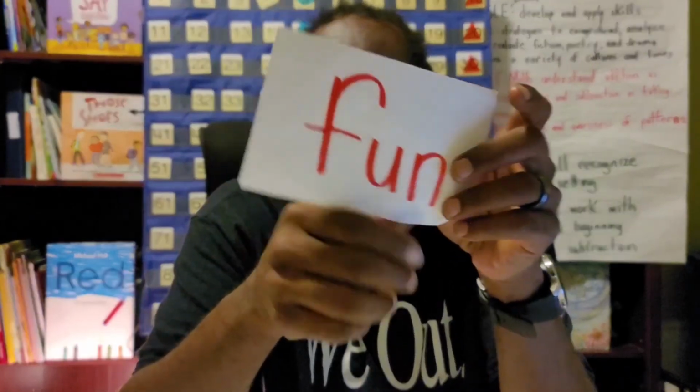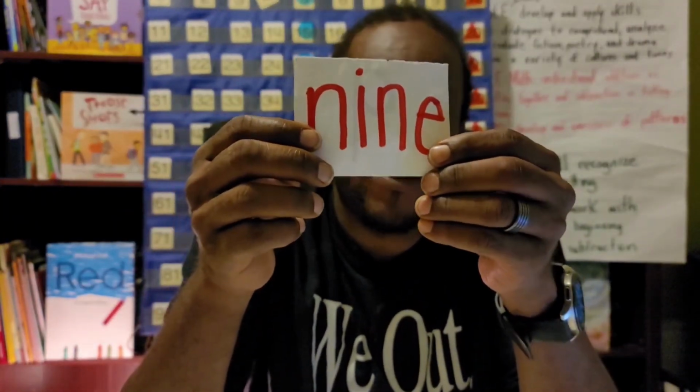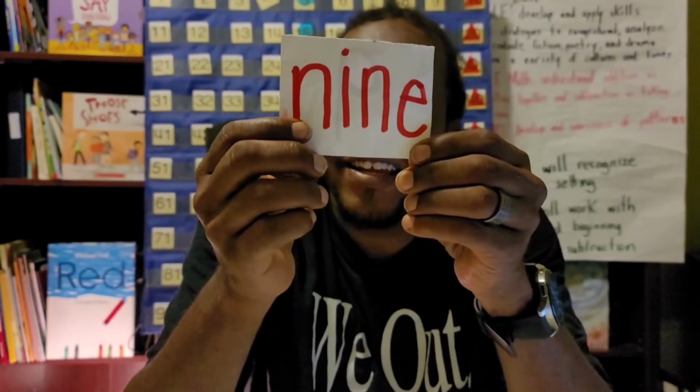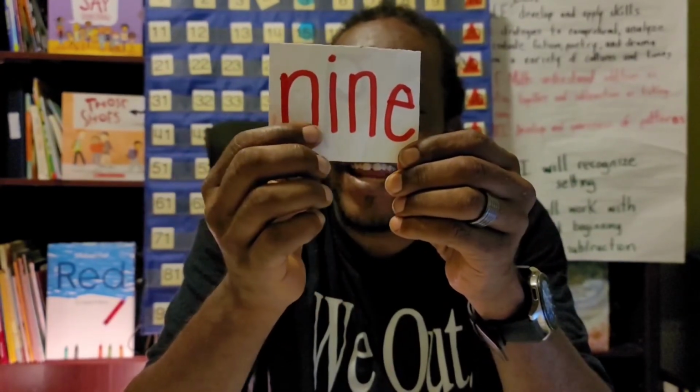Fun. We had fun. What did we have fun at today? In room 9. That's right. We had fun in room 9. Let's spell 9. N-I-N-E. 9. Thank you, boys and girls.